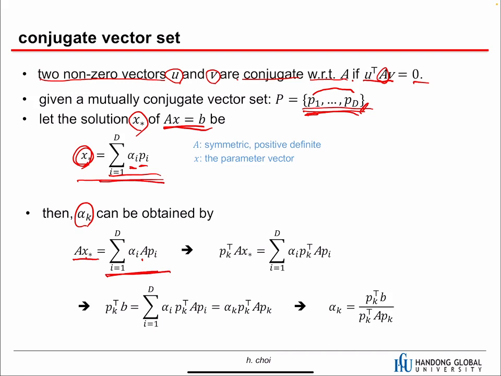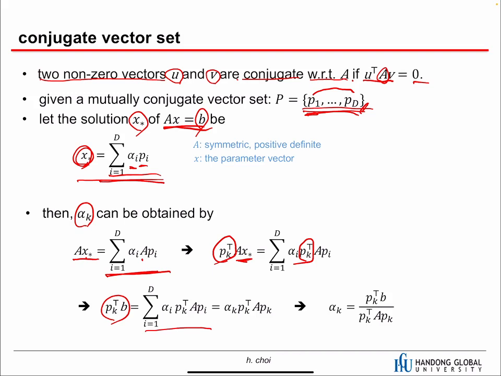And then we multiply p sub k transpose on both sides. So we have p sub k transpose A x star, which is p sub k transpose b. And on the right side it is the same.